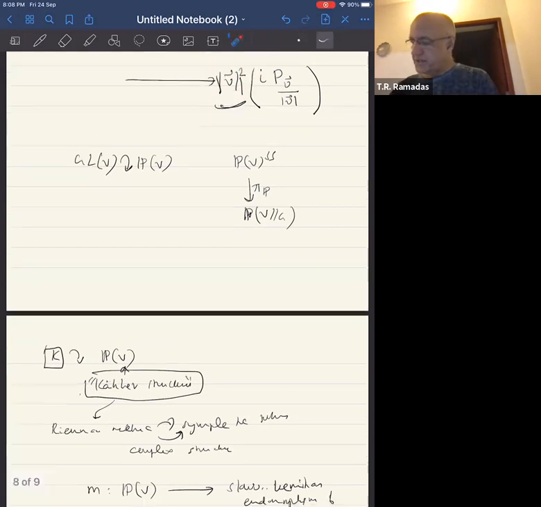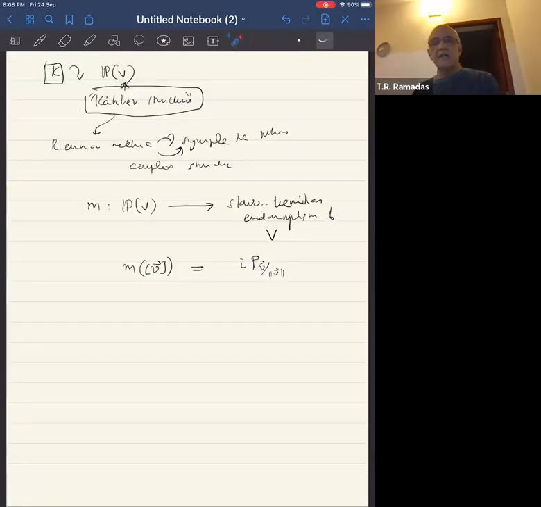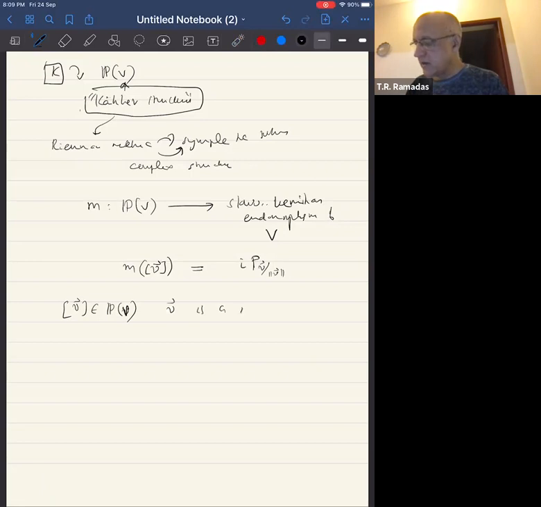Now for the projective space, I just dropped that factor. And so all I have to make sure is that the right-hand side doesn't depend on the representation. So remember, this notation is that [v] is a point of PV, and v hat is a non-zero vector above [v].